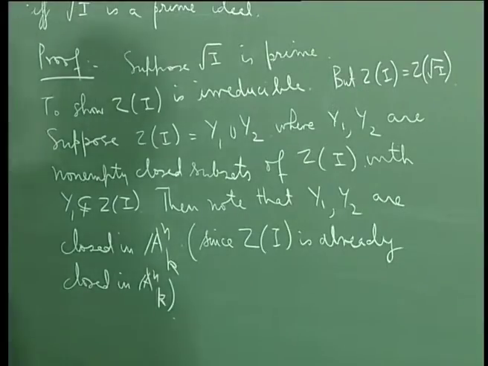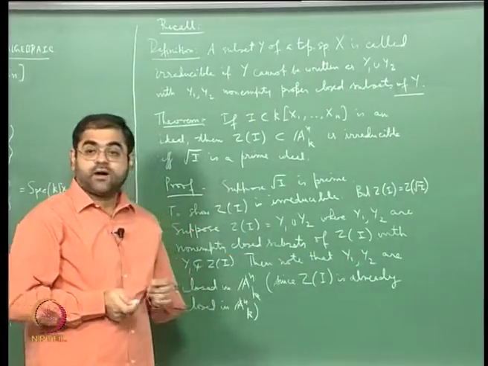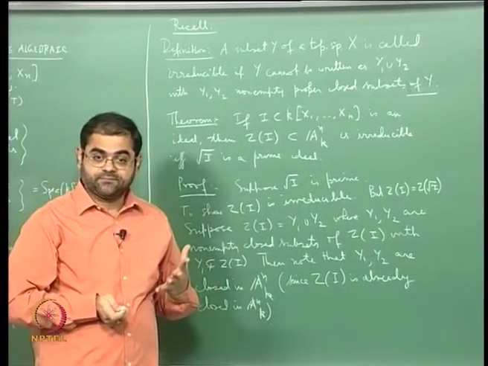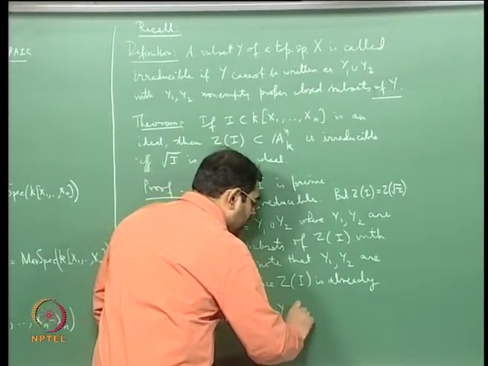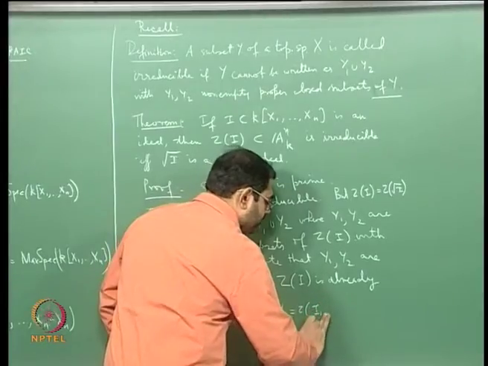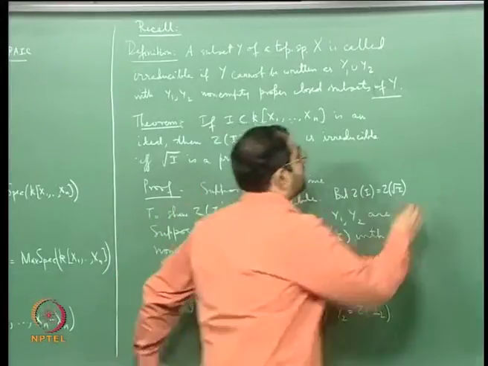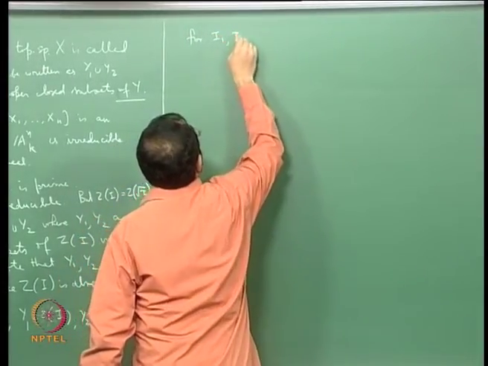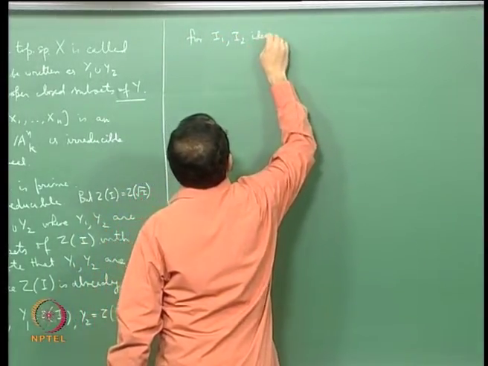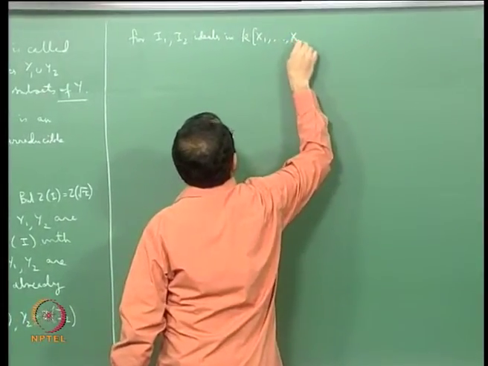Okay, so what does that mean? Saying that Y1, Y2 are closed in A^n means that Y1 and Y2 are the zero sets of some ideals. So this implies Y1 is Z(I1), Y2 is Z(I2) for I1, I2 ideals in k[x1, ..., xn].